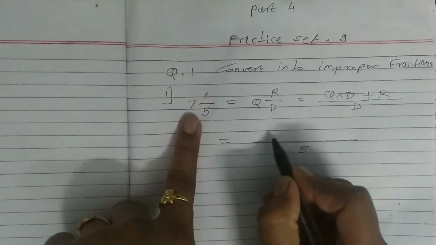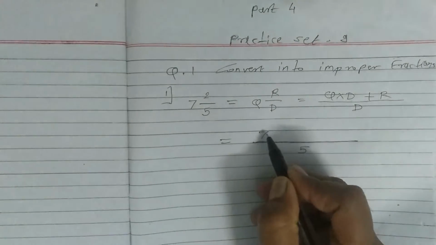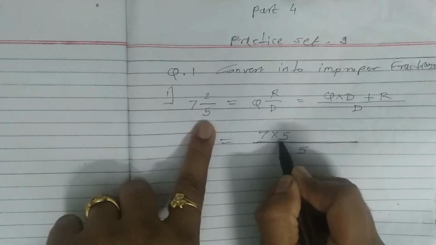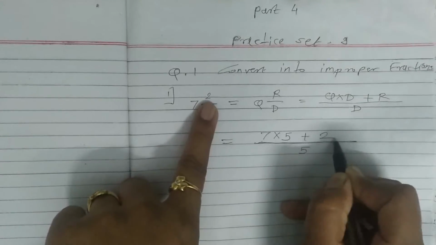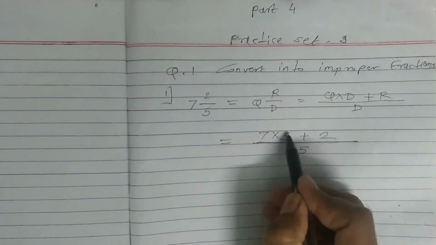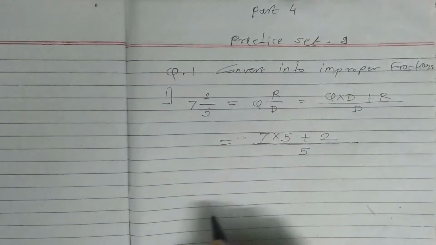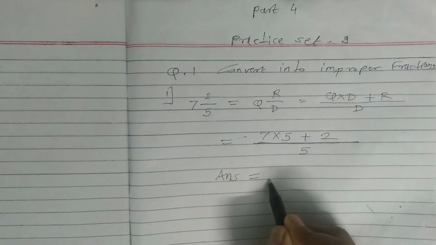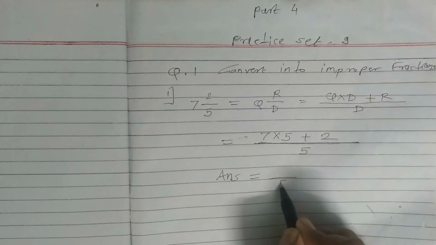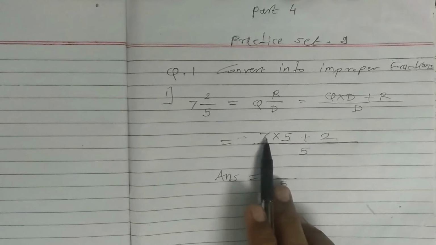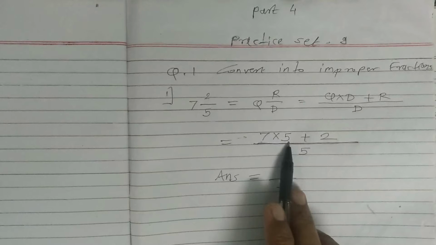Now take this full number first, 7, as it is. Then 7 multiplied by denominator 5 plus 2. We have to do the multiplication first. Go from this side only for solving. So your answer you can write directly after the calculation part. 5 will be as it is. Okay, do your calculation, students. 7 5s are 35.